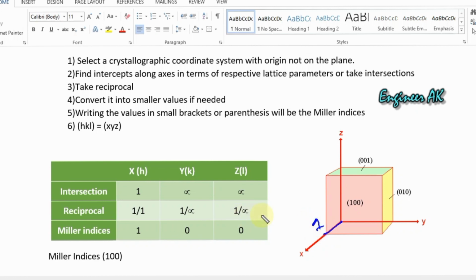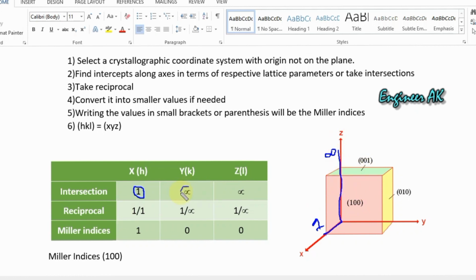Here I have written it already. And x, y, z can also be represented by h, k, l, small l. At the z-axis it is cutting at infinity, right? Because it is not cutting; this plane is parallel to this z-axis.